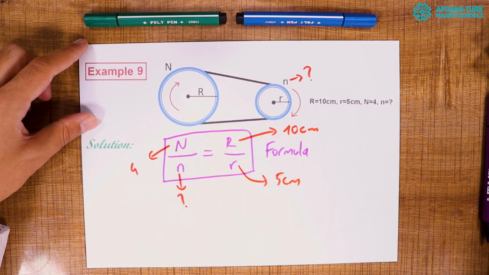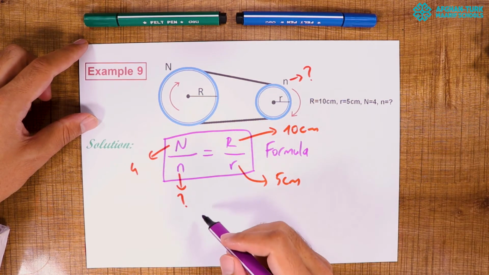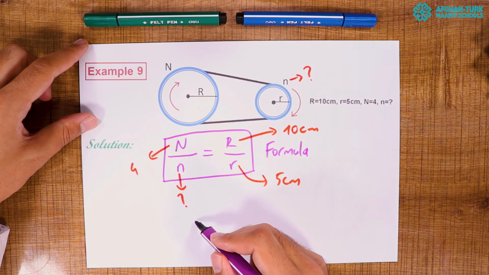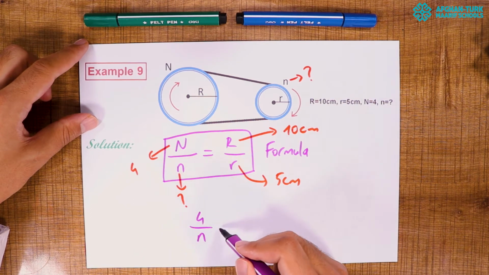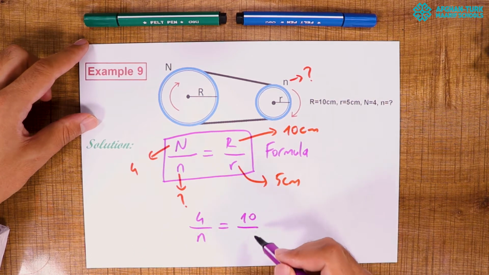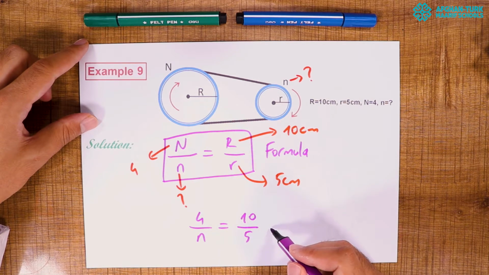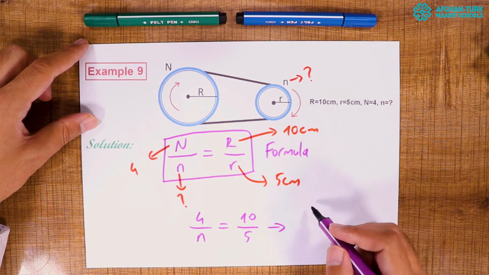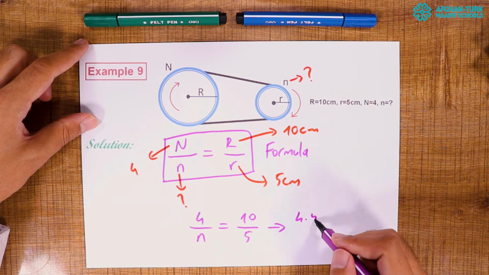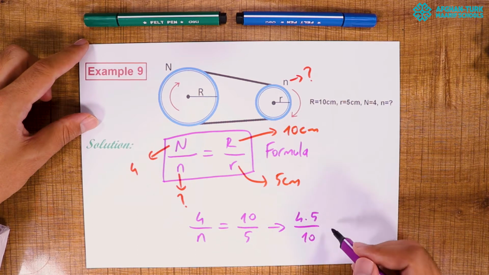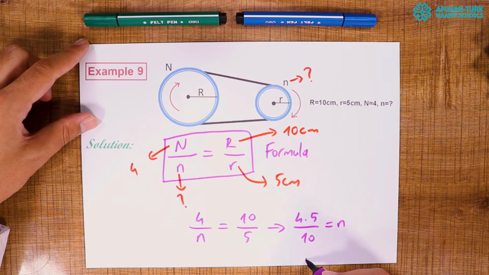So from here I can find the smaller n: 4 divided by n is equal to 10 centimeters divided by 5 centimeters. And from here I can find 4 times 5 divided by 10, and that's equal to n. So n is equal to 2.